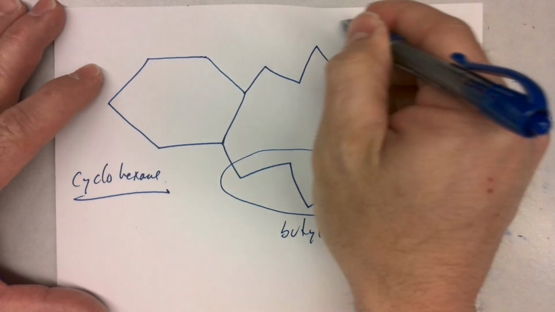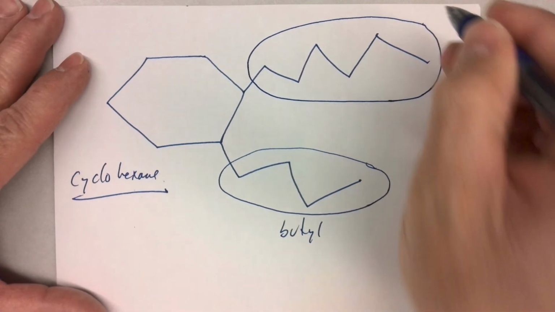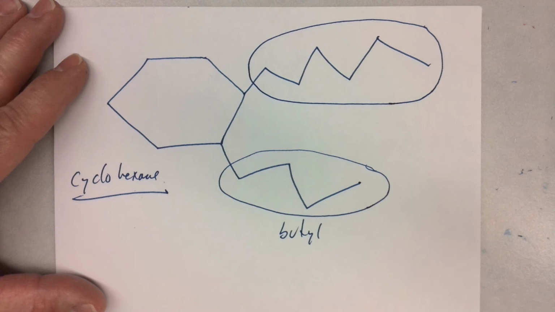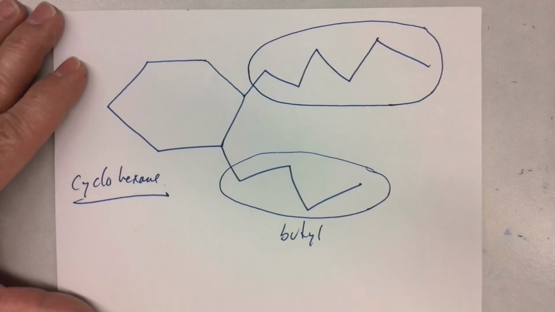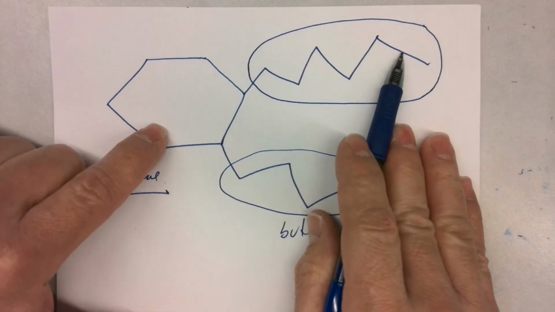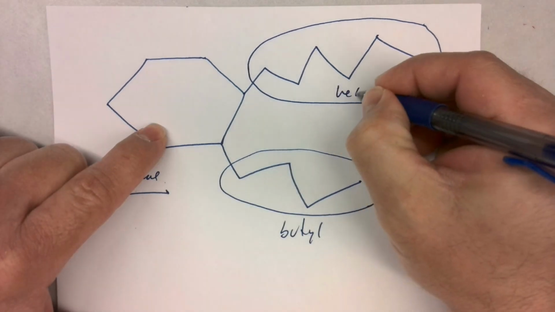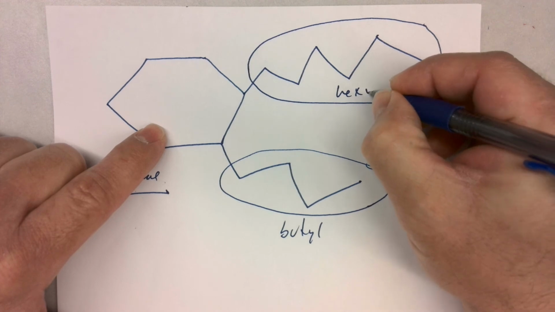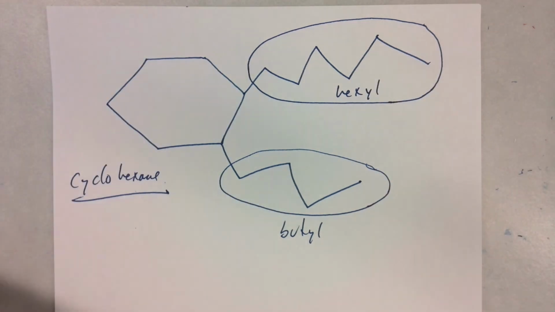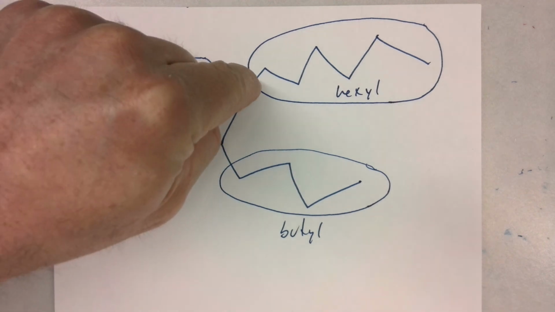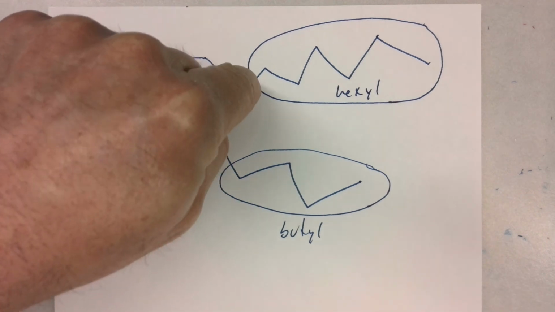How about this one? How many are in it? 6. So it would have been a hexane, but because it's a branch off my main, it would become a hex what? Hexyl, correct?